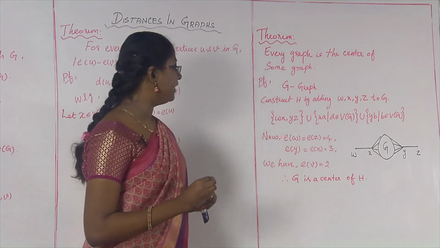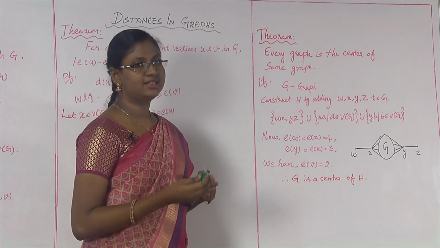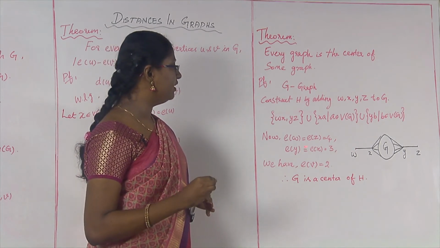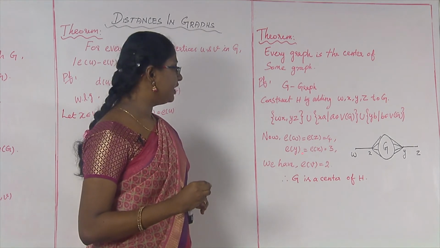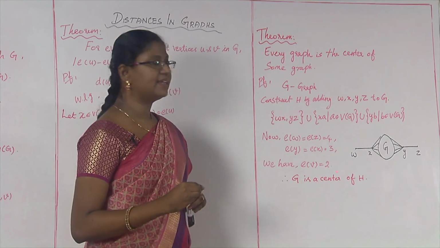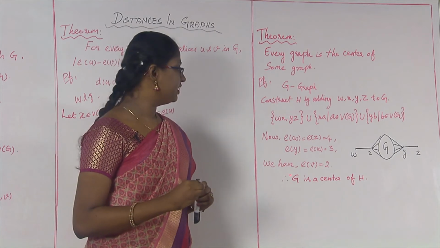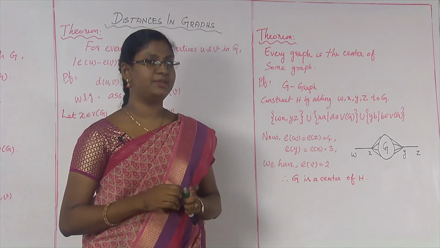So, now consider the eccentricity of W. The eccentricity of W will be the longest distance, that is 4 here, from W to Z, and the eccentricity of Z is also 4, the eccentricity of Y and the eccentricity of X are equal to 3. So, consider the eccentricity of v for every vertex v in G. As per the definition, eccentricity is the maximum distance.